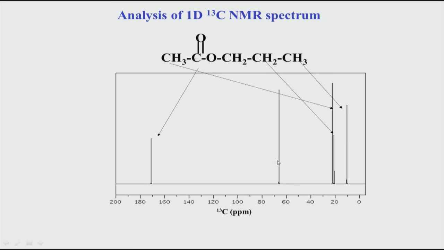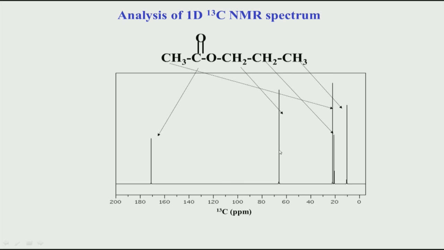Now, why is this coming so much at 60-70 ppm? That is again, remember, this is directly attached to oxygen. So, because of the electronegative effect, the shielding is directly influenced by this one carbon-oxygen bond, and therefore, this CH2 comes very much downfield shifted and it comes at 65 to 70.